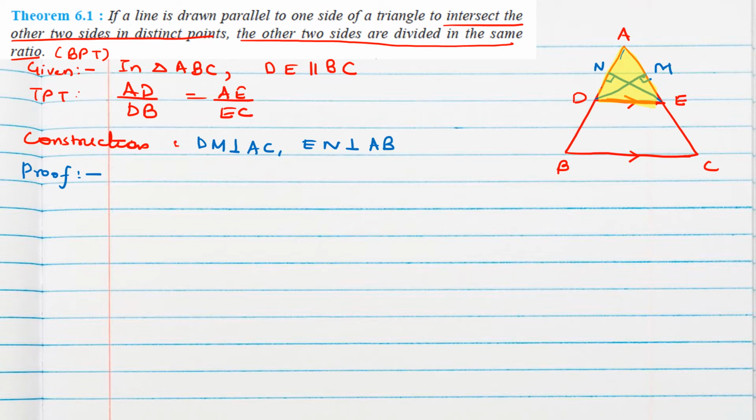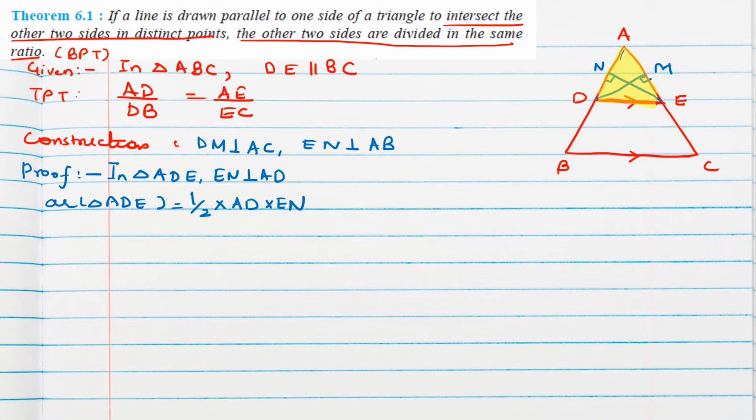For the time being we will ignore DM, because DM is also a height of triangle ADE. So first we will consider EN as the height. So in triangle ADE, EN is perpendicular to AD, so the area of triangle ADE we can write as half base into height, that is half AD into EN.